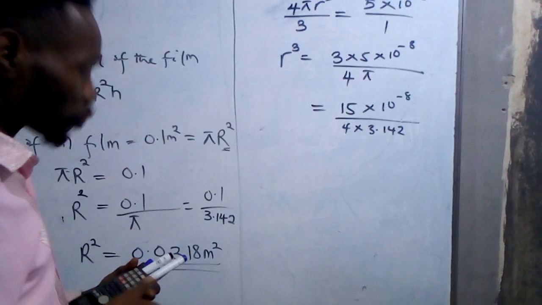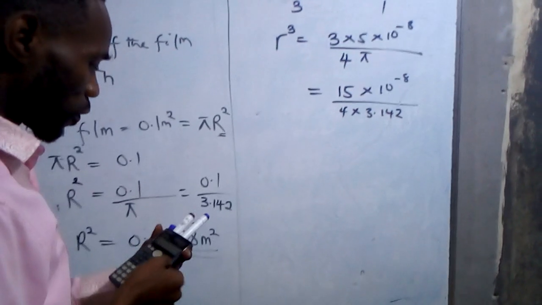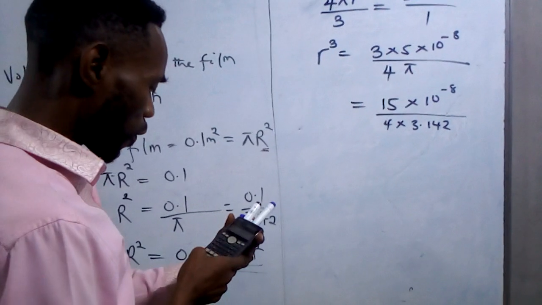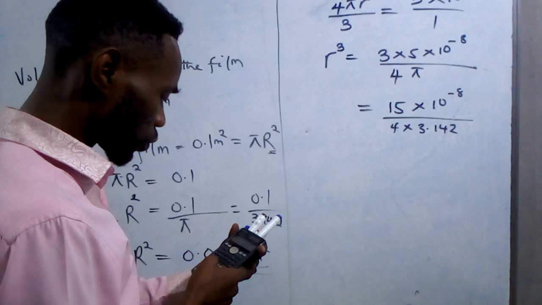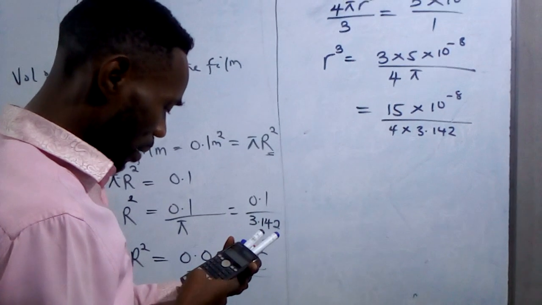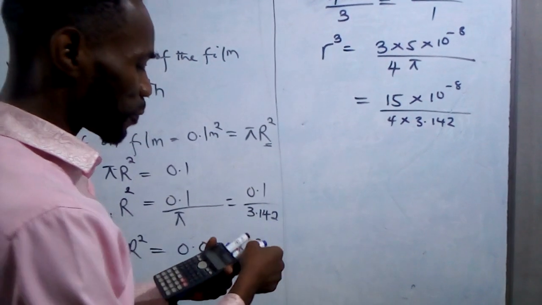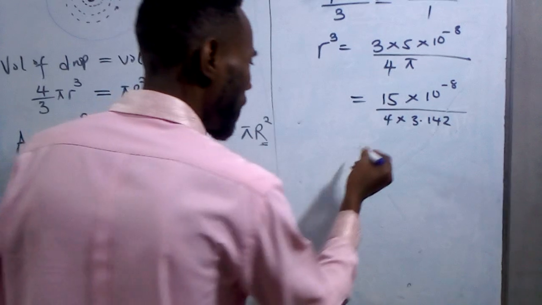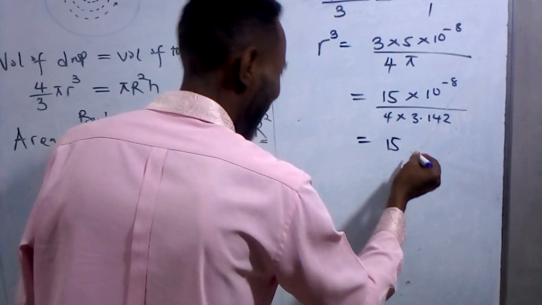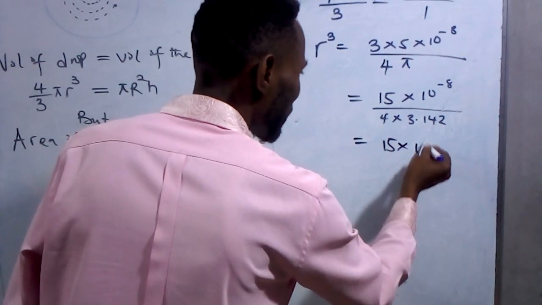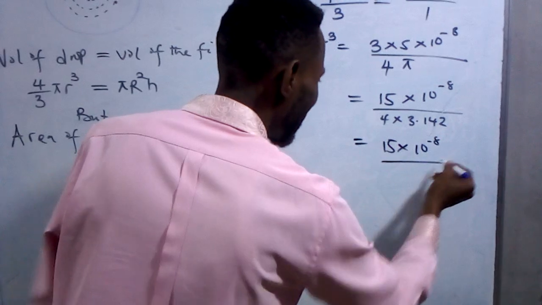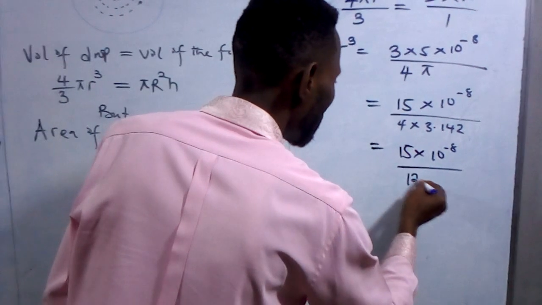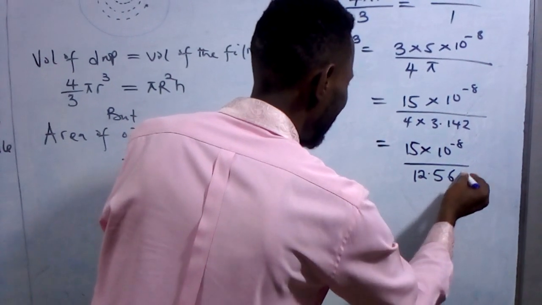So let's get the value. Pi times 4, using the second function, pi will give us 12.566. So that will equal 15 times 10 raised to power minus 8 divided by 12.566.